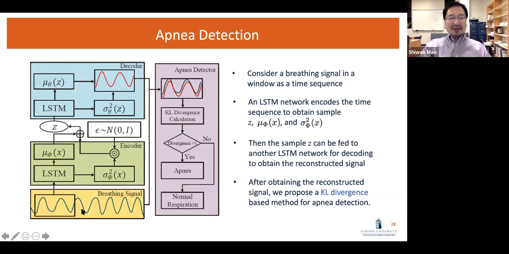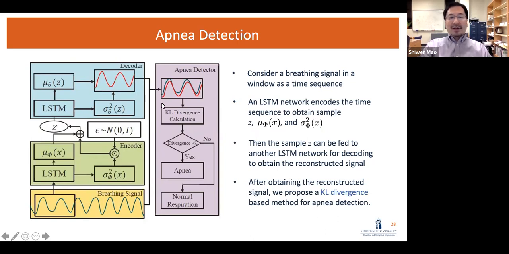The input signal is the respiration signal recovered from RFID data. First, this is compressed to sampled latent variables z, with its mean and variance. Then the decoder will reconstruct the signal using this latent information.